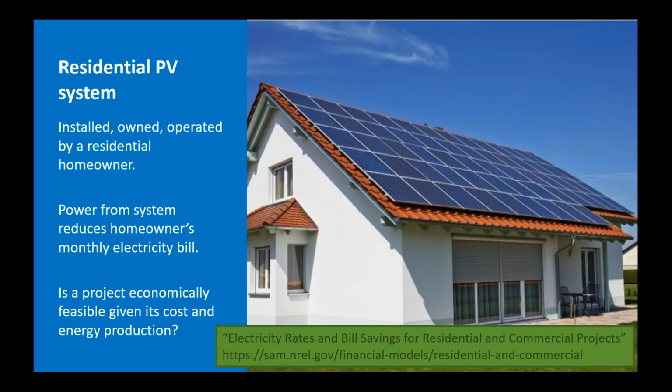So I'm going to start with a residential PV system, which is designed to reduce the electricity bill of a homeowner's home, and so it's typically installed on a residential property. We're going to focus on the performance side of things, so we won't talk too much about the financial aspects, but those are covered in another webinar, Electricity Rates and Bill Savings, which is available also on the SAM website.